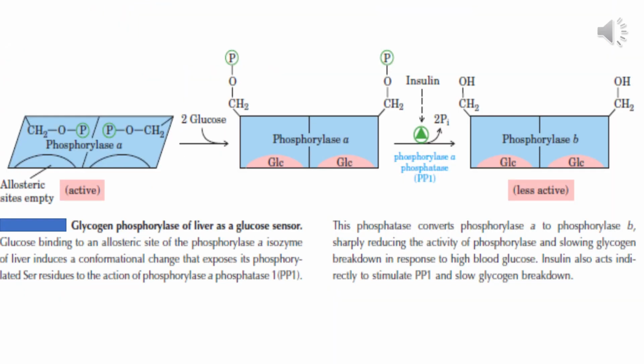Glycogen phosphorylase is inactivated due to the allosteric binding of glucose and also due to the activity of insulin. Remember, insulin is responsible for removing glucose from circulation.